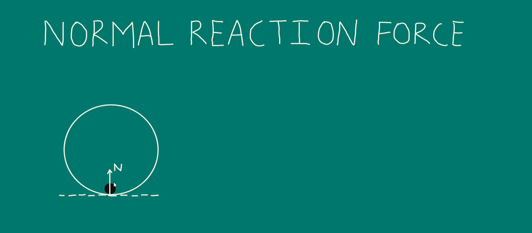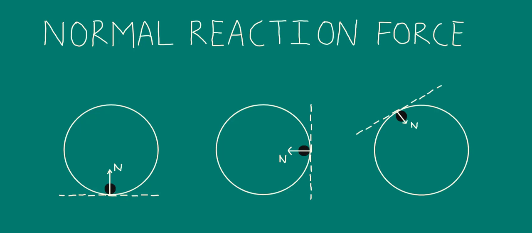The normal reaction force is again at 90 degrees to this tangent. If the marble were to be moving around the ring, then at these various positions shown here, it would experience a normal reaction force. And again at these two positions here, the normal reaction forces drawn are at 90 degrees to their respective tangents.